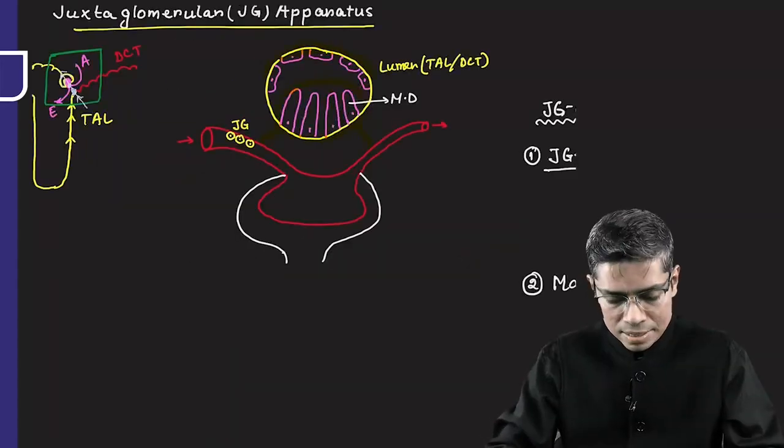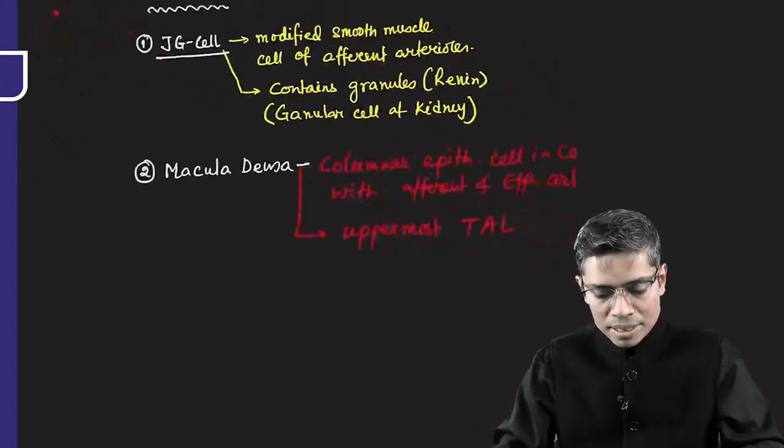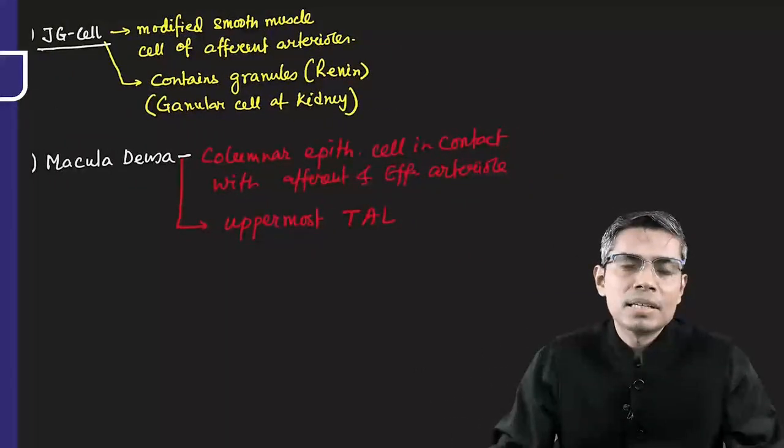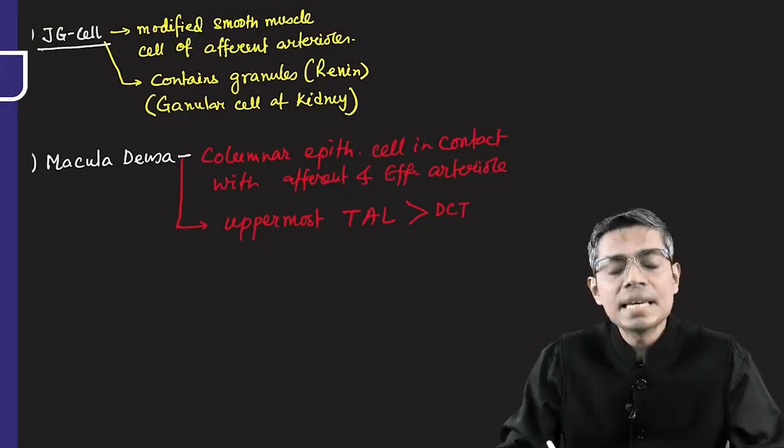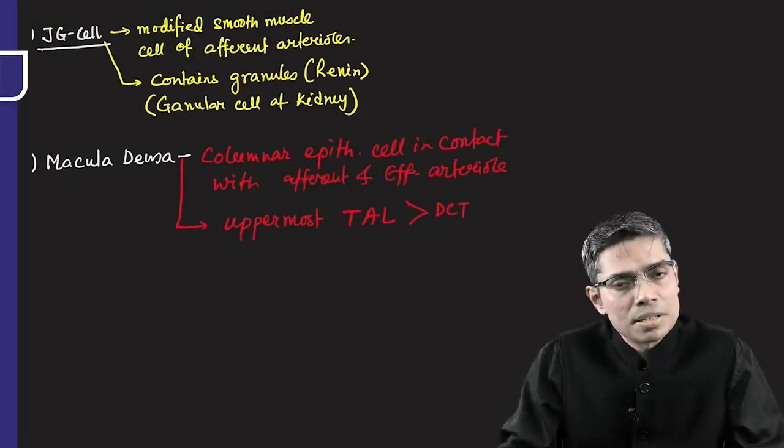Right. So I will give you the evidence. In some books you may have read that macula densa cells are cells of DCT. DCT is the second choice if TAL is not given in the choices. If you look at the articles, they describe it like this: in a single nephron, there is a patch of epithelium cells at the uppermost part of the TAL, around 20 in number.